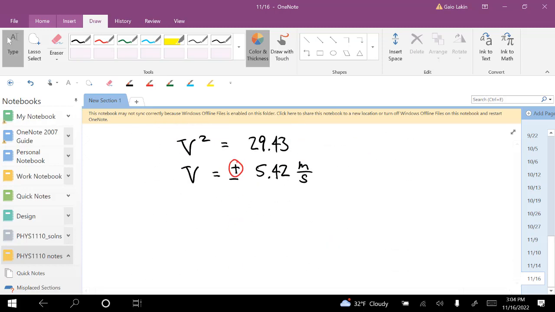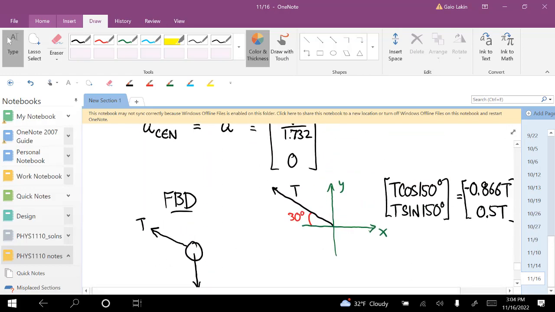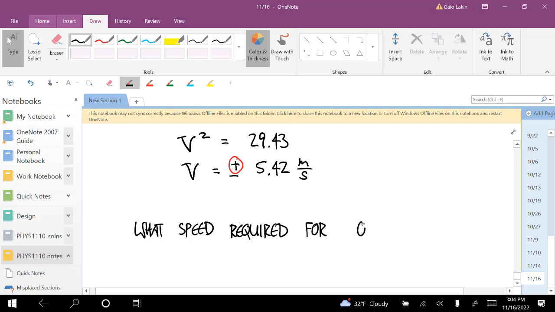Well, let's just do one more quick calculation, okay? Let's do the same thing, but let's say, what speed would be required for that angle to be equal to, no, sorry, 0.1 degrees.